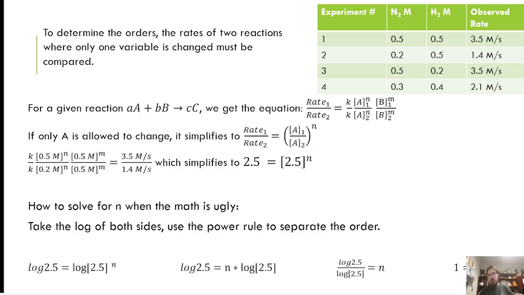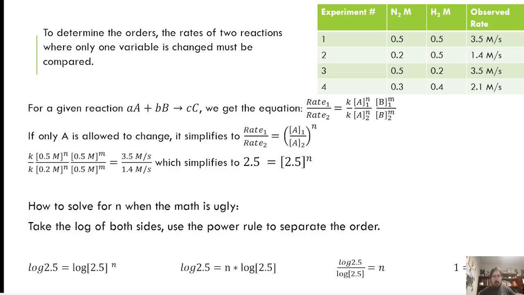Since it's only usually 0, 1, or 2, you can just guess. Zero order: any number raised to the 0th power is 1. Any number raised to the first power is itself. So 2.5 raised to the first power is 2.5. And if this was a bigger number, they would try squaring it.